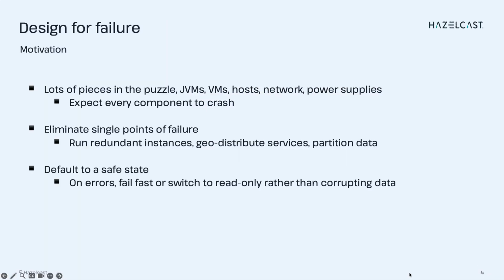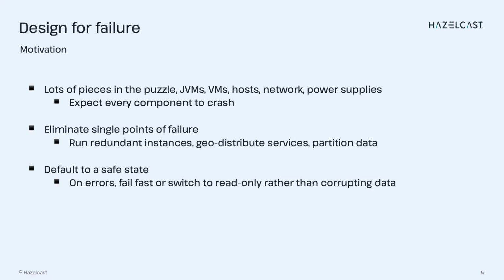So yeah, like I mentioned, there's lots of pieces of the puzzle when you're talking about designing for failure: JVMs, memory issues, garbage collection, VMs, vMotion. I don't know if everyone has ever had a problem with their application being vMotioned on a vSphere system.